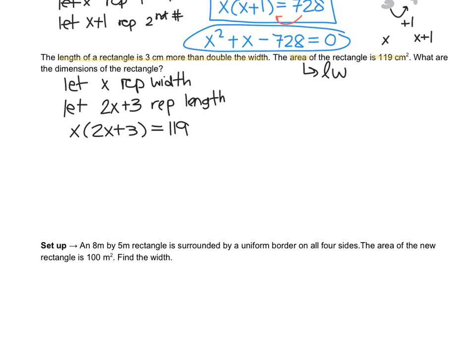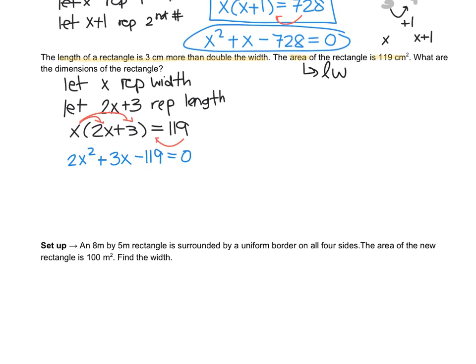Now it's the exact same steps as the previous scenario. So I'm going to distribute my x in, and while I'm at it, I'm also going to bring that 119 over, so that I get x times 2x is 2x squared, x times 3 is 3x, and when I bring that 119 over, I am subtracting because I have to change the sign.